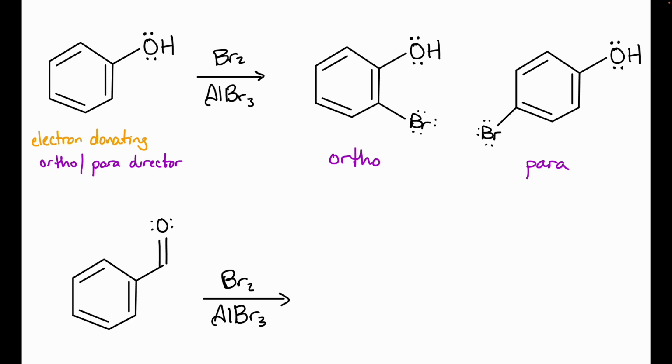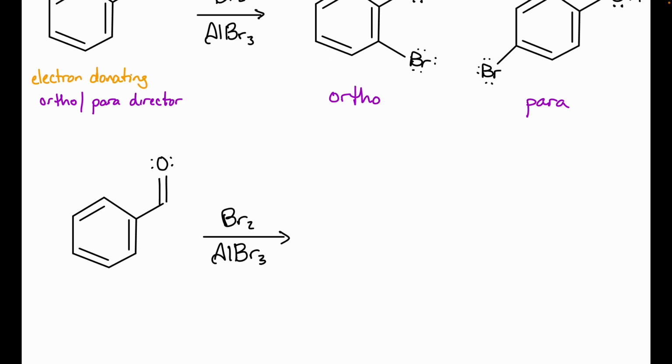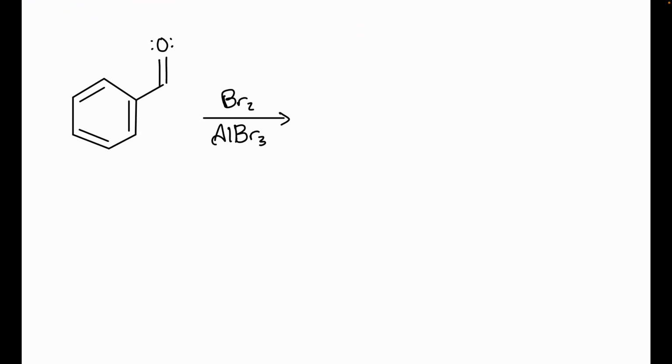Notice that the bromine did not choose where to go. The incoming substituent isn't deciding where it's going to go on the ring. It's what was already attached to the ring that directs an incoming substituent to a specific position. The OH group is what decided, not the bromine that's being added. And then on the flip side, this one we called an electron withdrawing group.